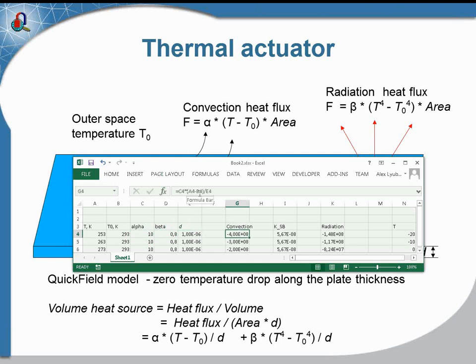and this is the equation to calculate this part: alpha multiplied by the temperature difference and divided by the plate thickness. And this is the equation to calculate this part, the heat flux through the radiation.